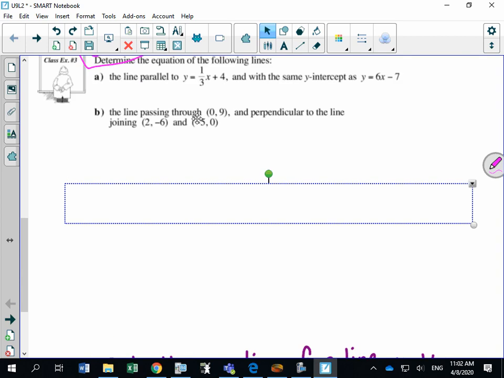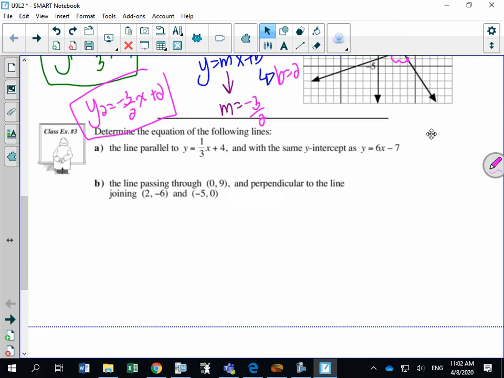Okay, so let's do A and B together, and then we'll do C, and that will be it for this lesson. So question number 1 says A, determine the equation of the following lines.